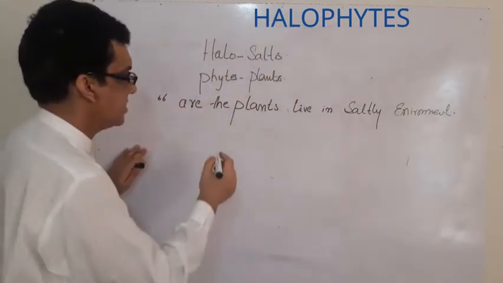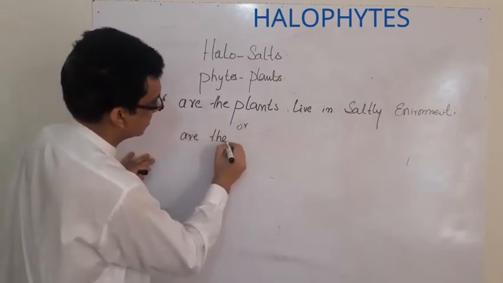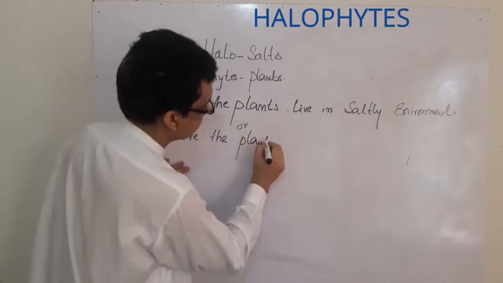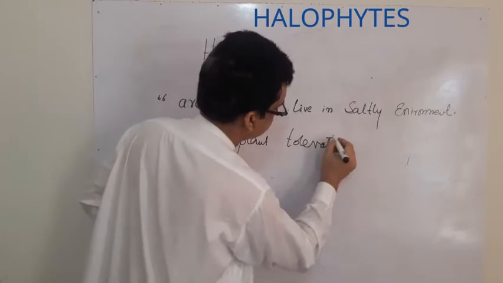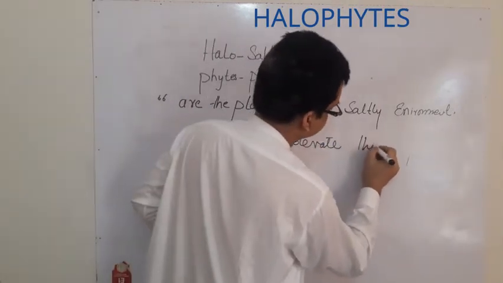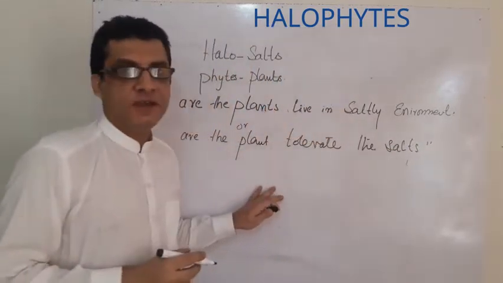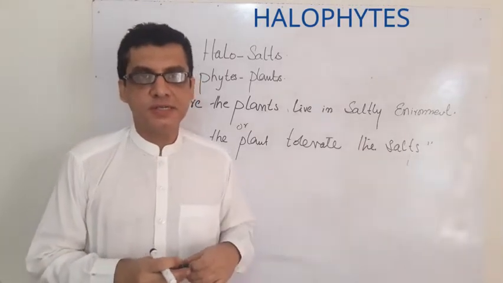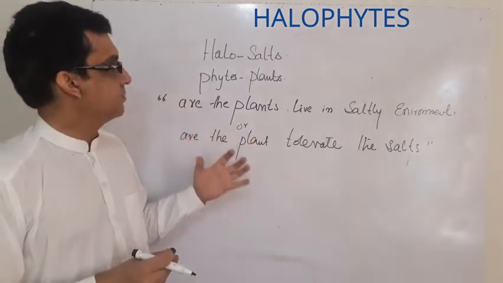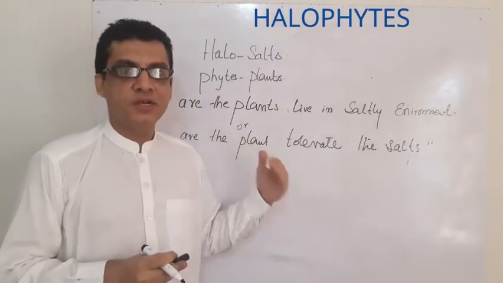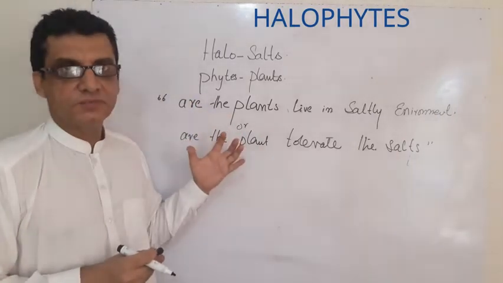Or you can also say that these are plants that tolerate salts. If there are more salts in the soil or in the water, these plants can tolerate that salty condition. So these are the halophytes.